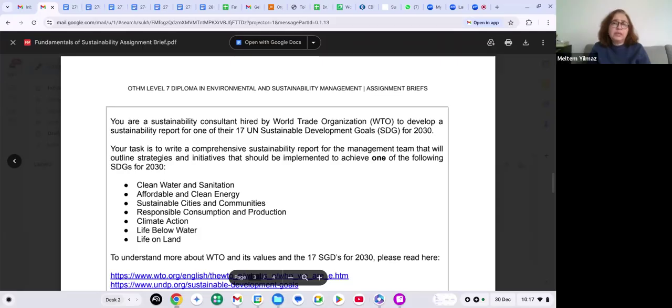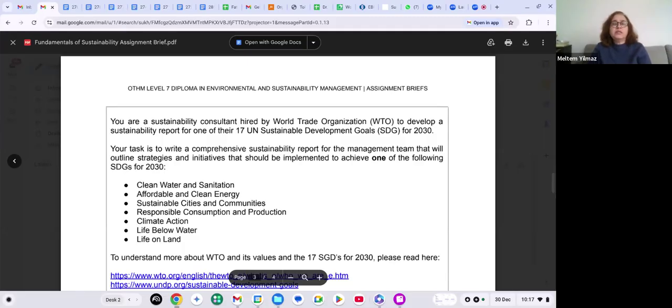You need to show in the paper what the World Trade Organization is trying to achieve in relation to the Sustainable Development Goals. Your task is to write a comprehensive sustainability report for the management team that will outline the strategies and initiatives that should be implemented to achieve one of the following Sustainable Development Goals for 2030.